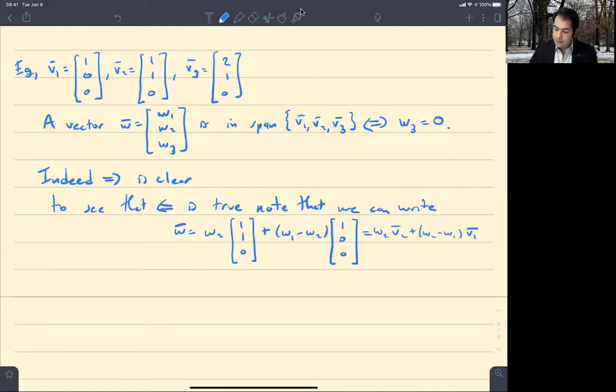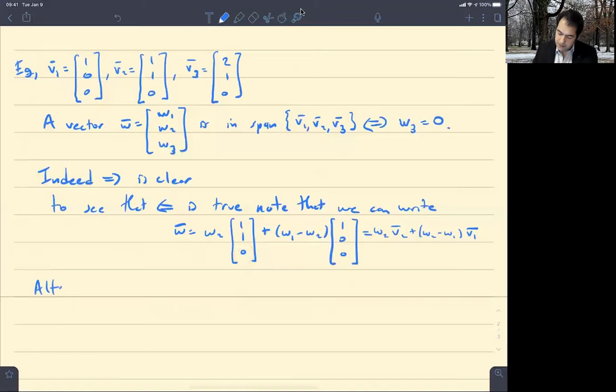So this is easy because this w2 times this vector has the same second coordinate as w, and it has the same third coordinate because it's 0. The first coordinate might not be the same, but we can always fix that by using v1, because v1 only has non-zero first coordinate. Of course, we could have decided to get the second coordinate using v3, and that would also have worked.